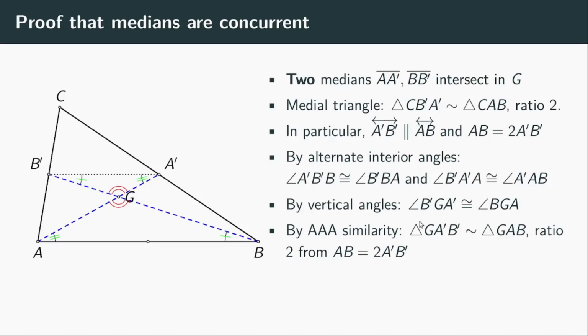So that means the ratio gives me a factor of 2 between my two triangles. So this tells me that GA is 2 times the distance GA'. And now doing a little bit of algebra, from the fact that AA' is AG plus A'G, I get that AG is 2/3 of the whole distance AA'.